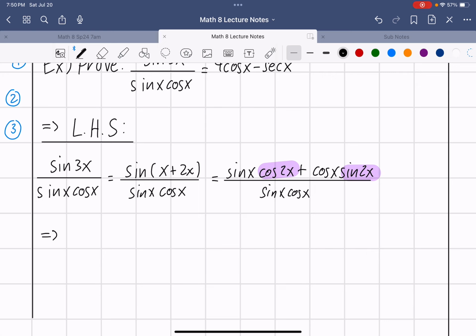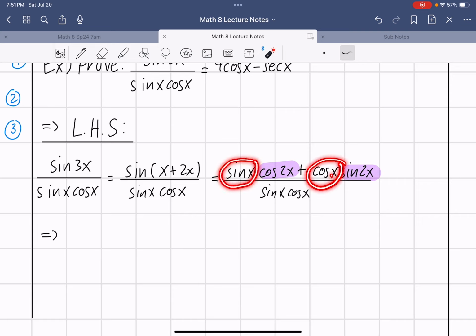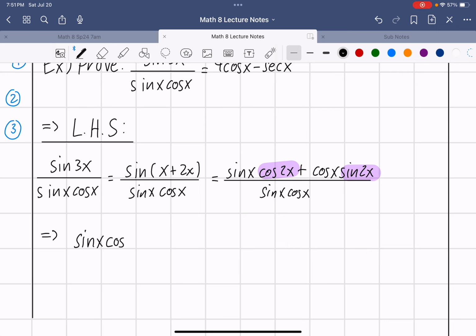Another separate step is trying to deal with all of this together, which can get tricky, because I do notice maybe there's a way to simplify some of these additional factors with what I have in my denominator. But we've done this trick before where you can actually separate the terms from the numerator.